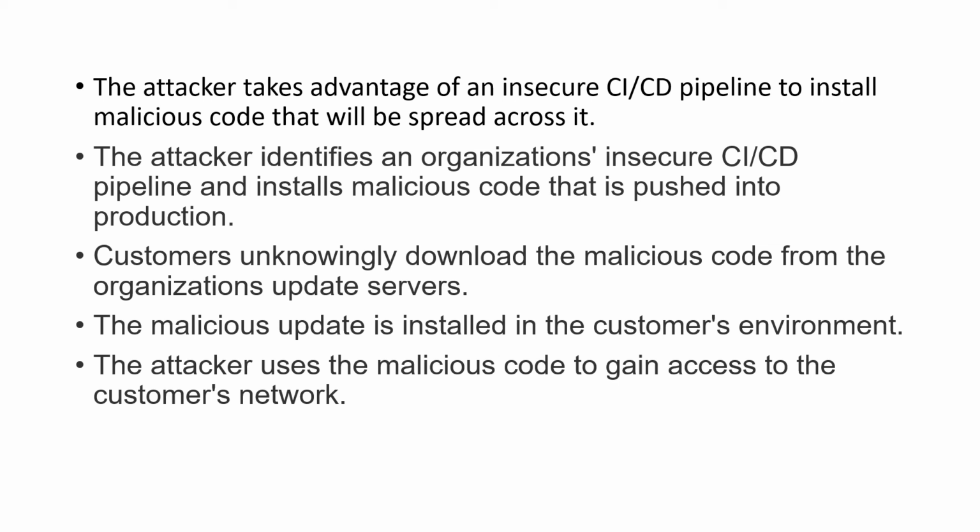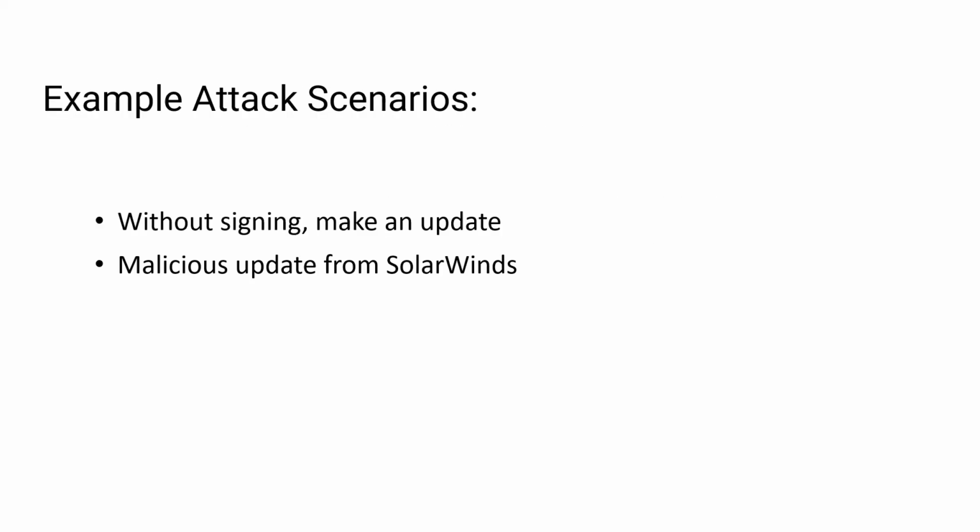Now going to the next slide. Example attack scenarios: update without signing, and the malicious update from SolarWinds. Now telling about updates without signing. Many homes have routers and set-top boxes, and they verify the identity and addresses they give to server access.